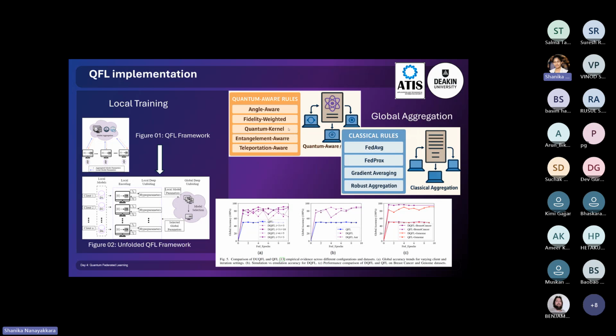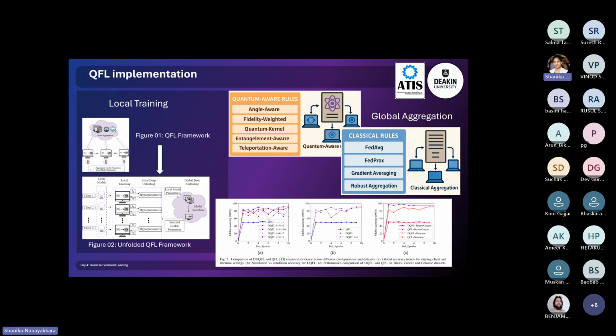These are special rules created for QFL because it is very different from the classical; the aggregation parameters are totally different in the quantum setting. If I simply talk about angle-aware aggregation, the quantum parameters are taken as rotation angles, so we need circular averaging.